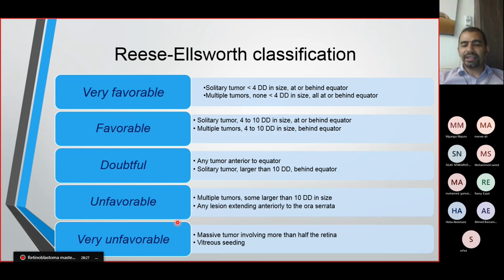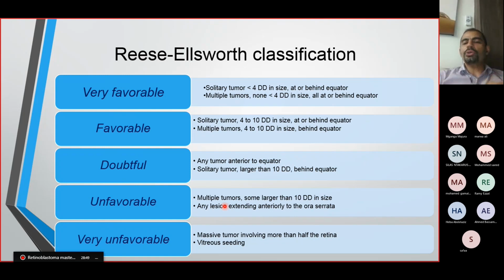On the other hand, patients with multiple tumors, large tumors extending pre-equatorially to the ora serrata, vitreous seeding, or massive tumor involving more than half of the retina had an unfavorable outcome. We rarely use the Reese-Ellsworth classification nowadays, but it's something in the history that you need to know about.